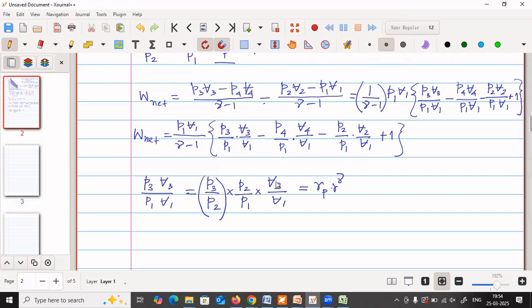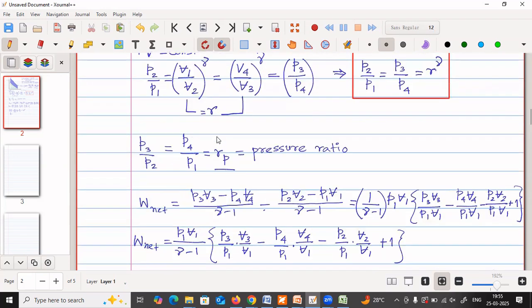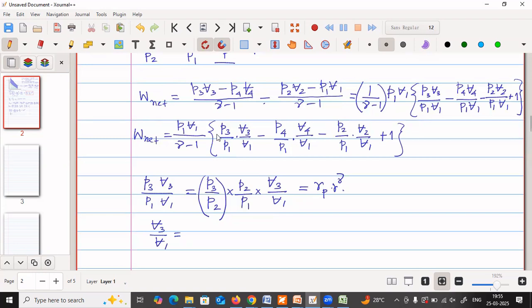And what is V3 by V1? V3 by V1, we can write V3 is what? You see that V3 is equal to V2. So we can write V3 by V1 is equal to V2 by V1 because V3 is equal to V2.